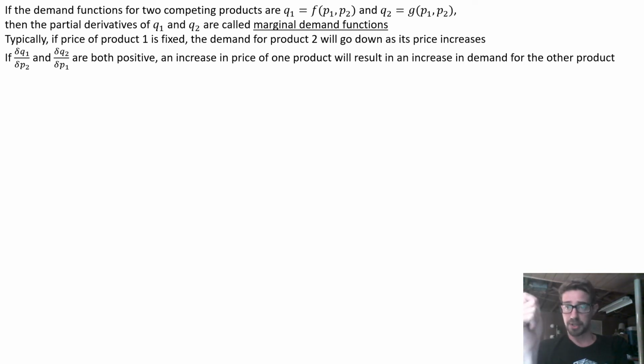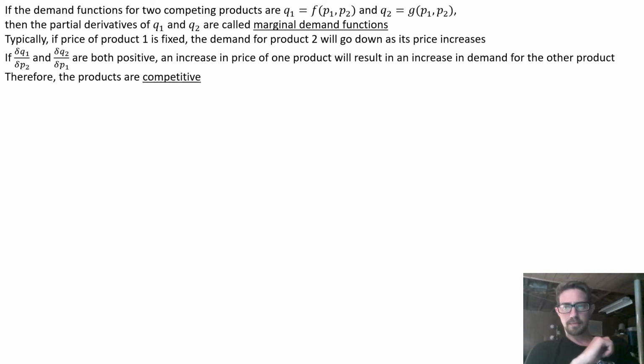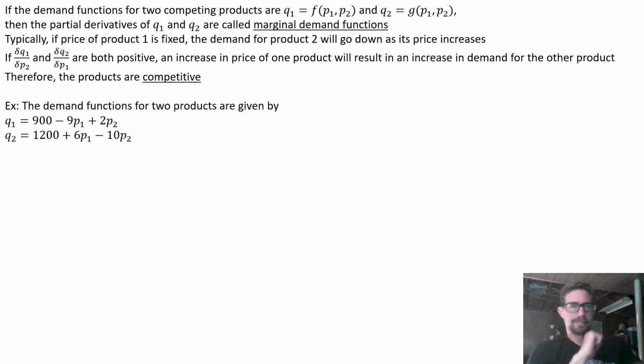So let's just do an example of two products like that. Okay, so this isn't a hard example. The demand functions for two products are given by Q1 equals 900 minus 9P1 plus 2P2, and the demand for product 2 is 1200 plus 6P1 minus 10P2.